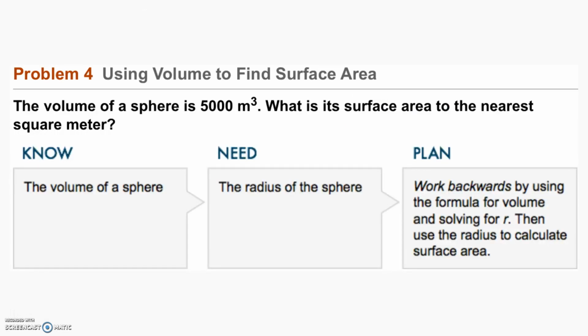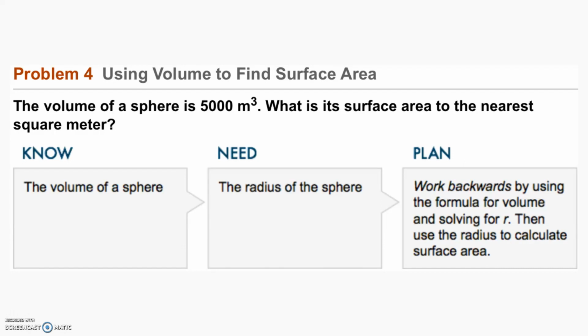For question number 4, let's assume that the volume of a sphere is 5,000 meters cubed. What is the surface area? What we know is the volume of the sphere, about 5,000 meters cubed. What we would need to find the surface area is the radius of the sphere.